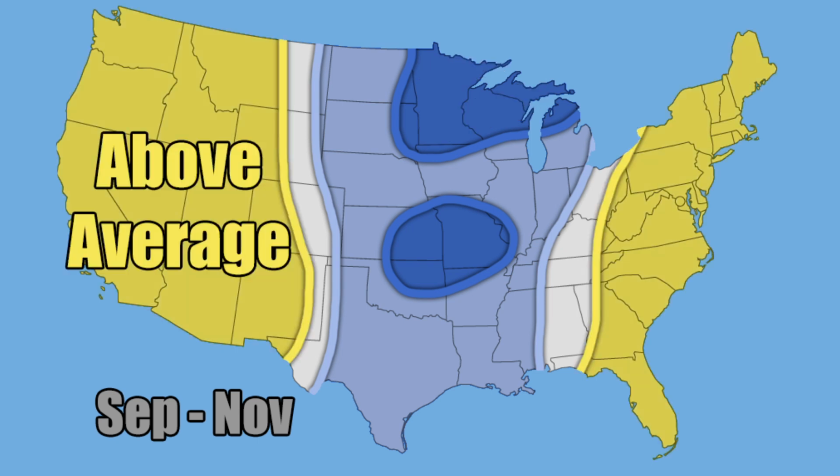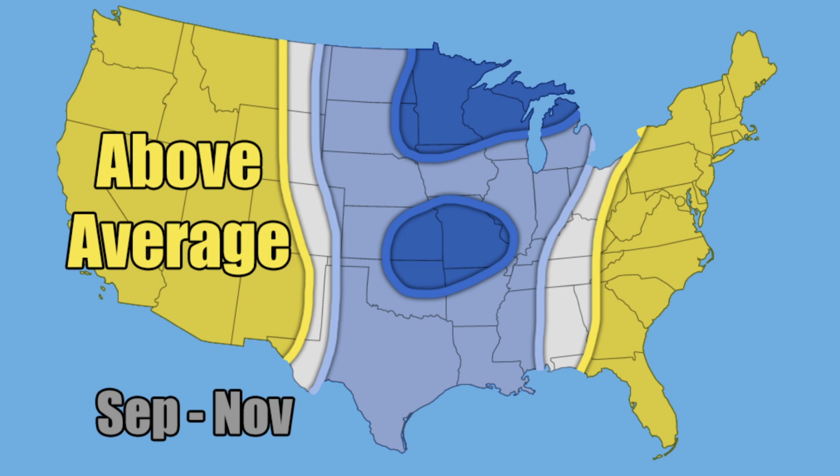Now, here is your above average region, and this is for both coasts, so for parts of the western United States, basically from the Rockies and westward, and then for the eastern United States, from the Appalachian Mountains and eastward. That's where I am expecting slightly above average temperatures for the fall.